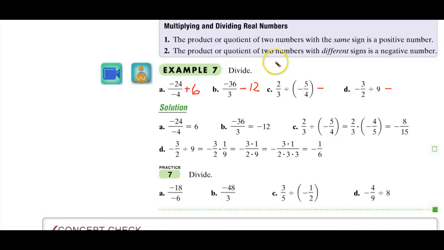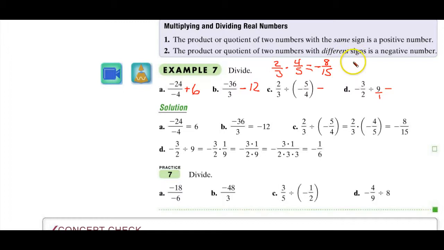Now here we have to actually convert it: 2/3 times 4 fifths. Take the reciprocal of that. We already know it's going to be negative, and we can't cancel out, so that's 8/15, and this is over 1.